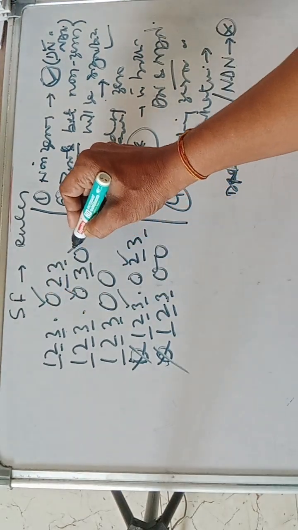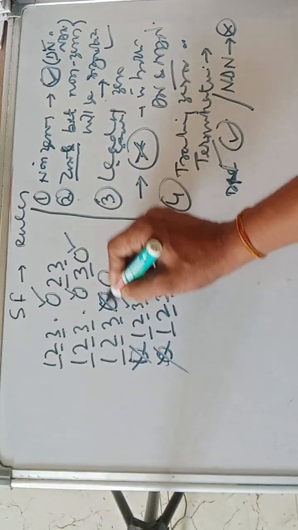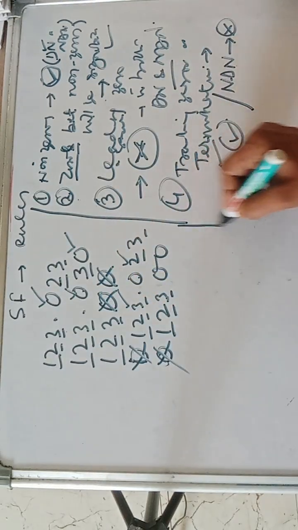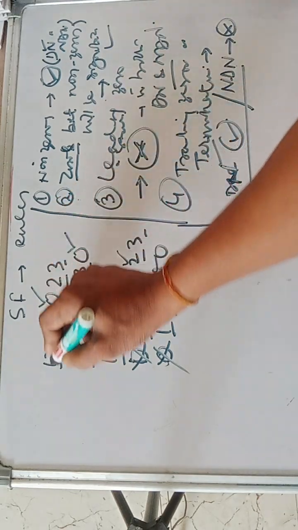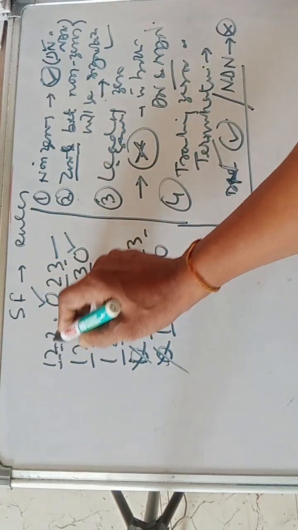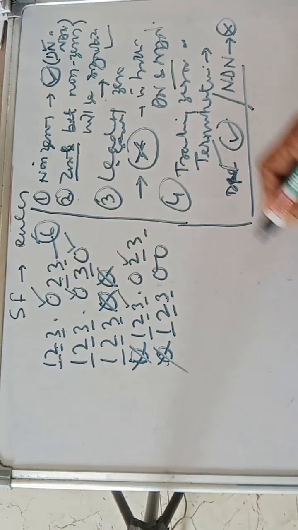Here it will be significant, whereas for this non-decimal number it will be non-significant. After using all these four rules, this number will have 6 significant digits.